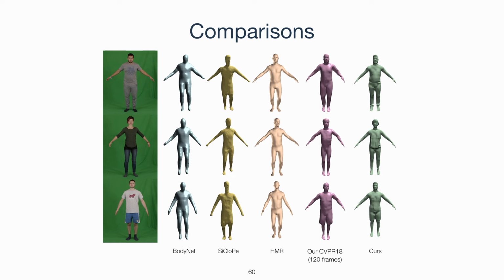So this is all you can get without displacements or displacement maps or whatever. And then in purple, you see the result of the method I showed you earlier. This is using 120 frames, while this new method only uses one single frame and runs in 50 milliseconds. So this is quite a leap forward. And you can see these new models feature the highest level of realism.